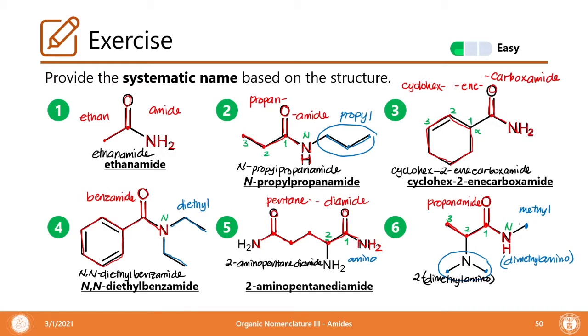I started with this because we have letter D, okay, dimethylamino, followed by N-methyl propanamide. Okay, so it's 2-dimethylamino N-methyl propanamide.